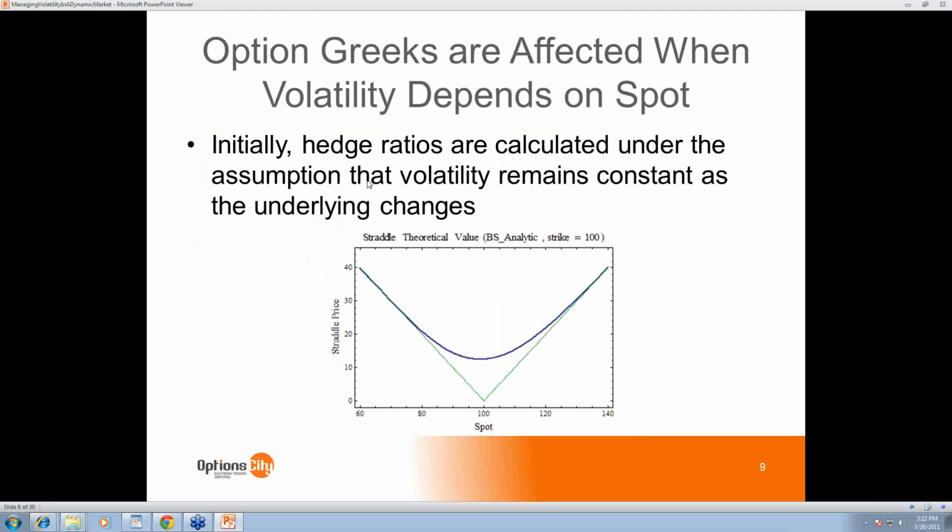So what we do when we calculate hedge ratios, generally with the Black-Scholes model for example, is make the assumption that the volatility remains constant as the underlying changes.